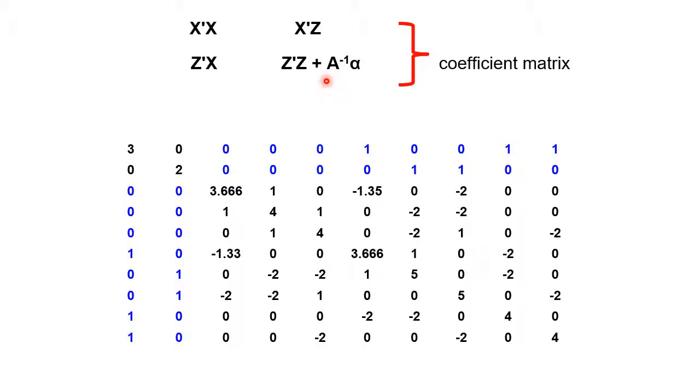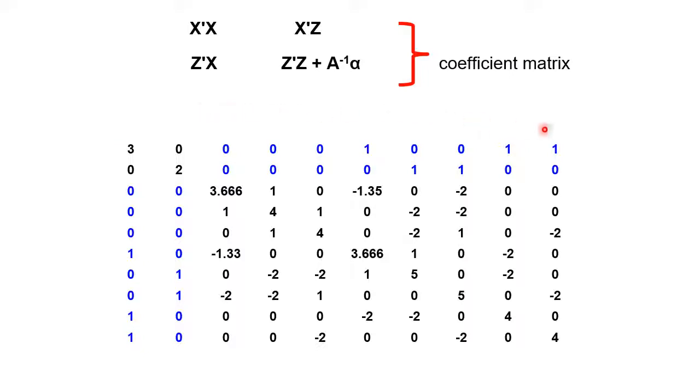It's 1 plus the inbreeding coefficient. We got the inverse of A. We multiplied it with alpha. Alpha is 1 minus h squared over h squared, or sigma squared E over sigma squared A. That's a scalar. We multiplied it with the inverse of A. We added those two matrices together. They are of the same order, so we could do that. So we ended up with this square matrix here at the bottom.